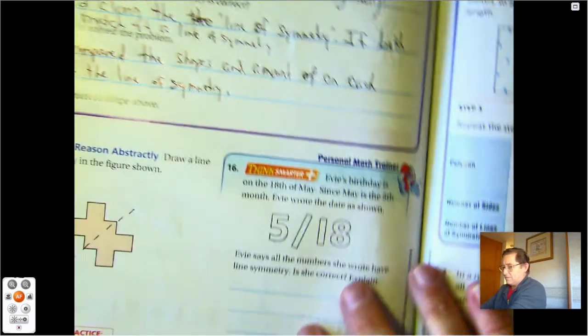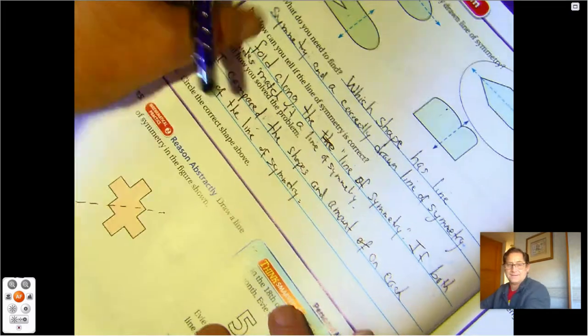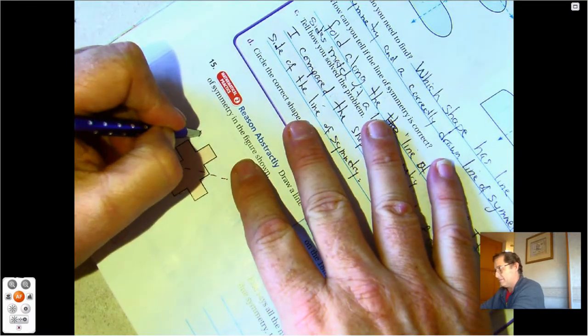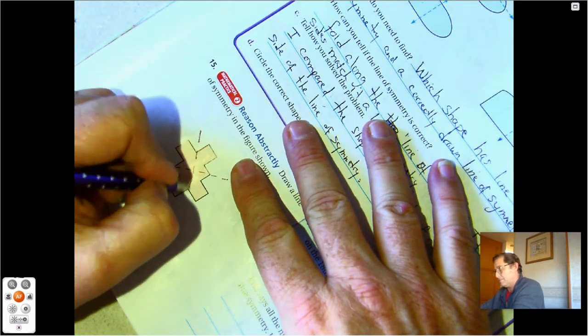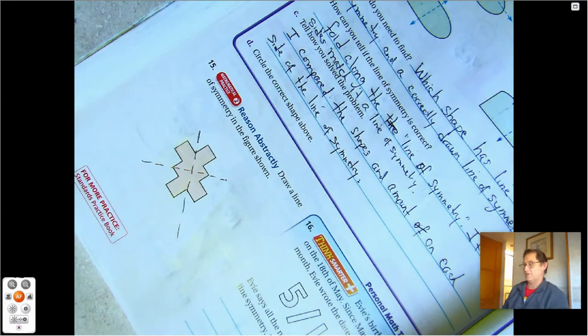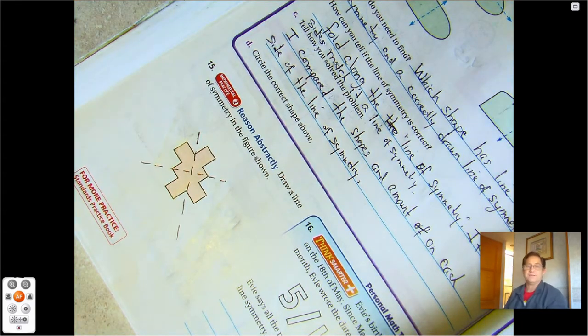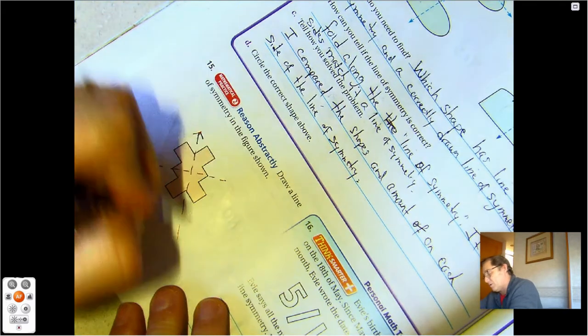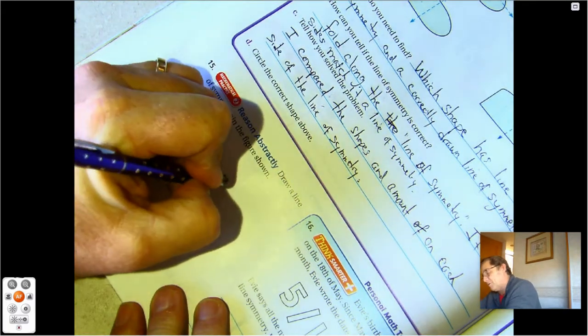And then if I turned it another way, and I looked at it like this, I noticed that that way it would be the same. So we have two lines of symmetry in this problem, or in this shape.